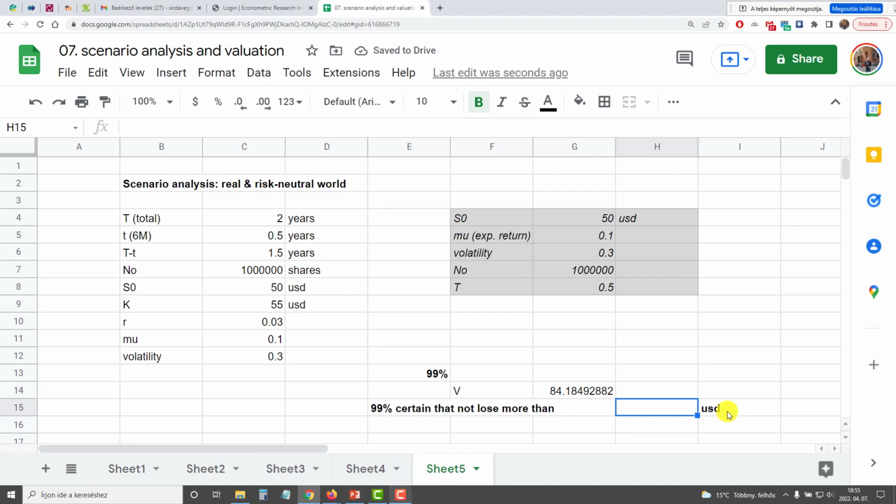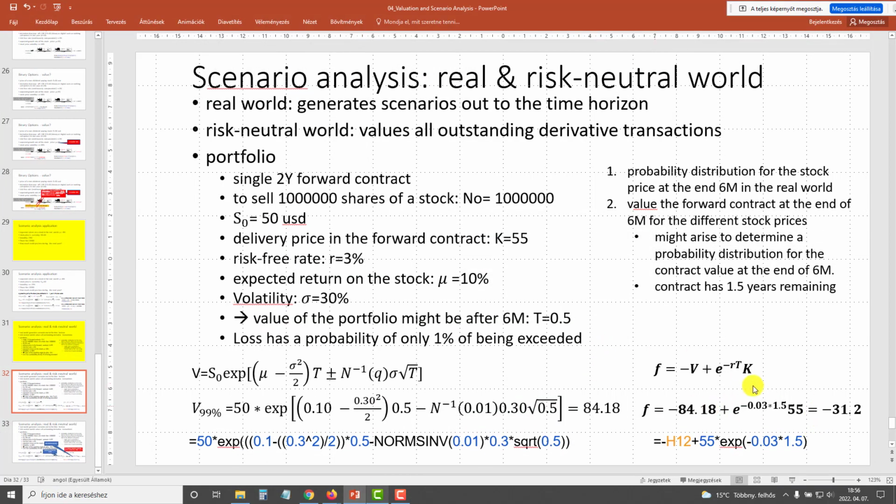Now we have to think about that. This is a contract, and this is a short version of it. So that's why we have to define this here.